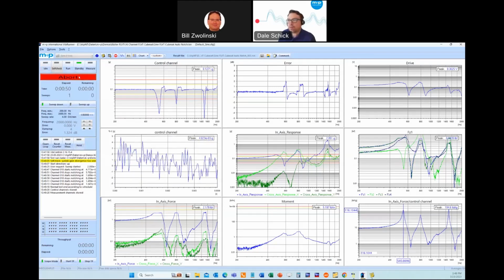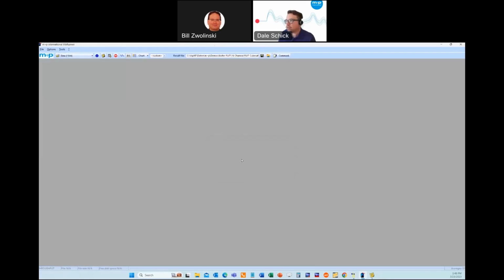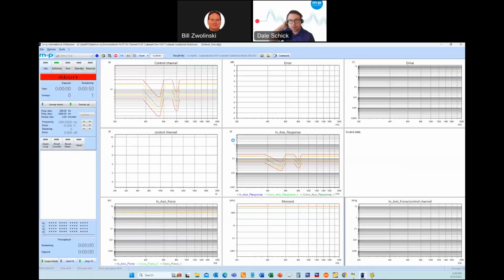So now we're going to run a combined notch. And so it's going to be a manual and an automatic notch, which are combined. Yes, we're going to load this. And then right after this, we can take a peek at the data that's produced from this.